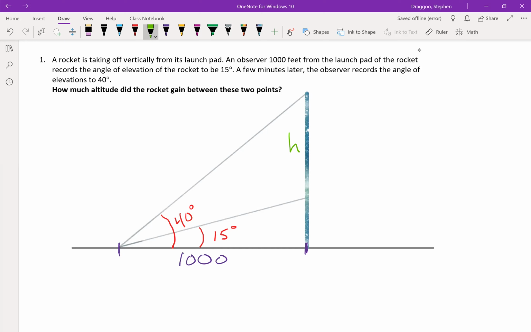Now I want to look at the 2 right triangles that I have. One of these is the smaller right triangle with an angle of 15 degrees and an opposite side of y, while the other is a larger right triangle that has an angle of 40 degrees and an opposite side that I'm going to call x.